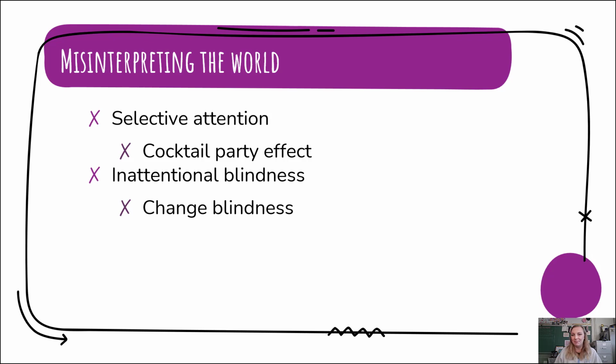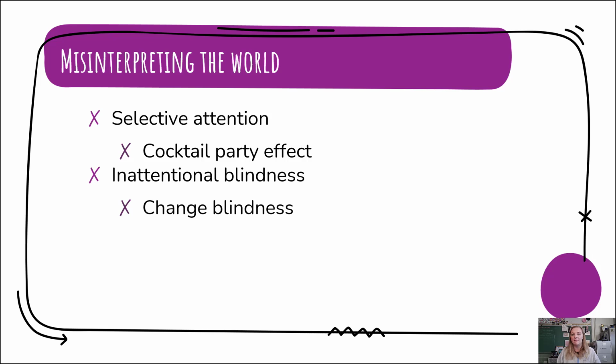A specific example of this is called the cocktail party effect. This is when we have an ability to focus on one particular sound or conversation in a noisy environment, and then you filter out all of those other competing sounds. For example, if you are at a football game and you hear the players on the field and the announcer talking and the band's song happening and all of the students talking around you, but you can still focus on what your friend is saying directly next to you.